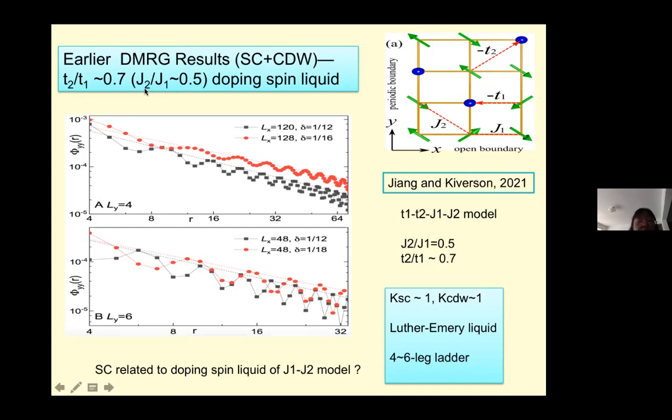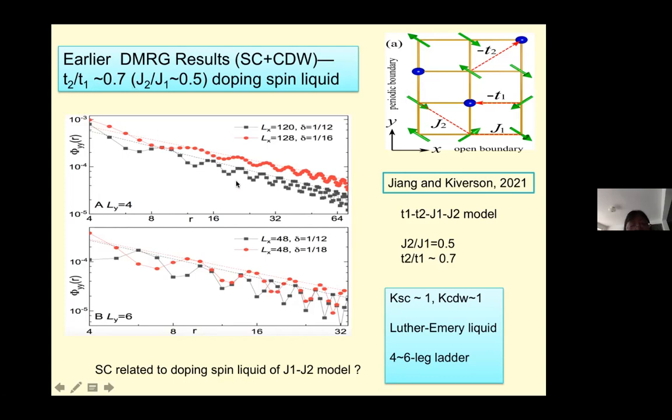The t2 over t1 is determined by the square root of J2 over J1 in their model. So their model has both next-nearest neighbor hoppings and next-nearest neighbor spin Heisenberg interaction. They look at that point, at J2 over J1, where there is a possible gapless spin liquid on the square lattice.